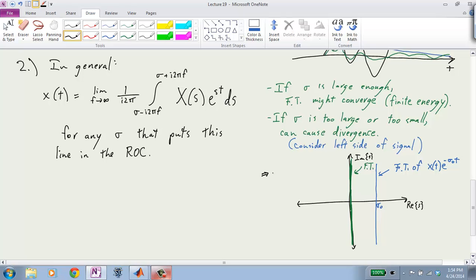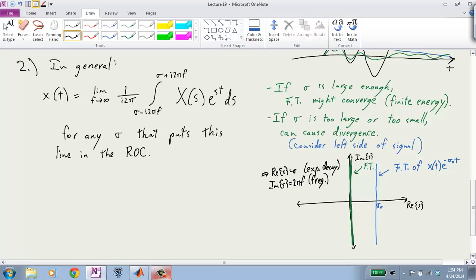So therefore, as we've said, the real part of S equals sigma. You can interpret the real part as the exponential decay, and the imaginary part is the frequency. Okay, so that's how we can interpret this Laplace transform.